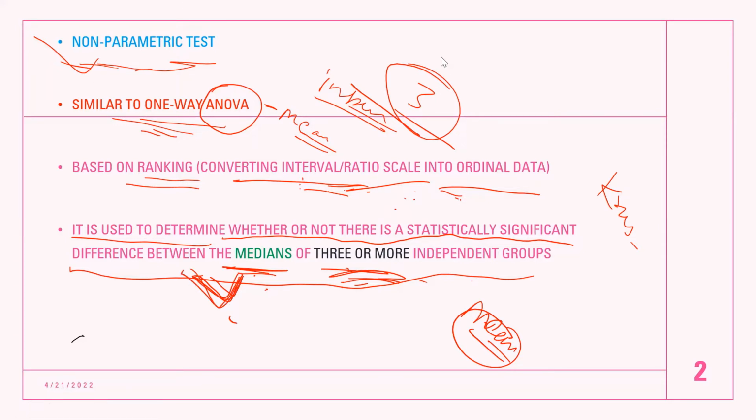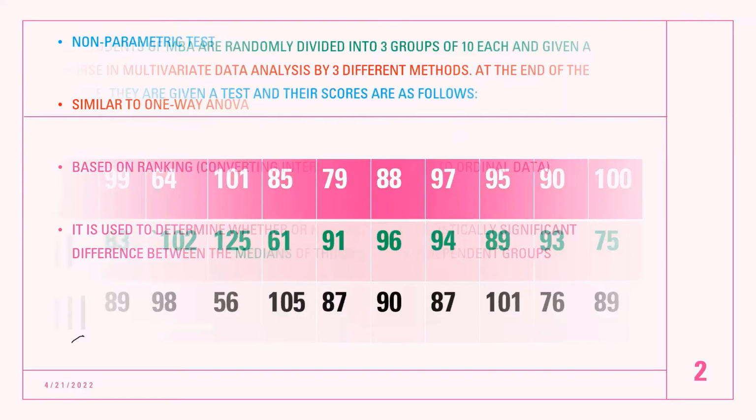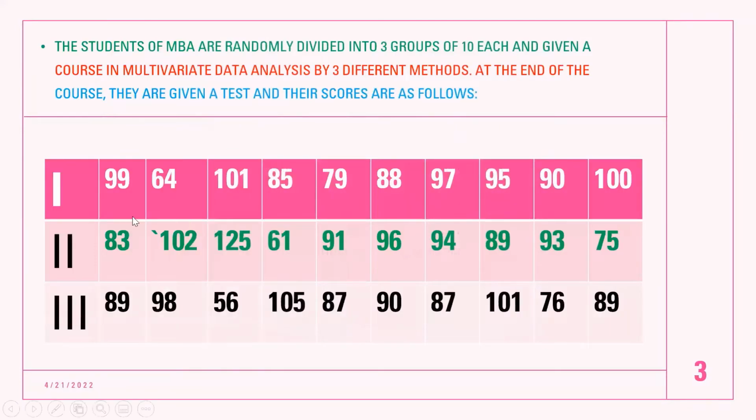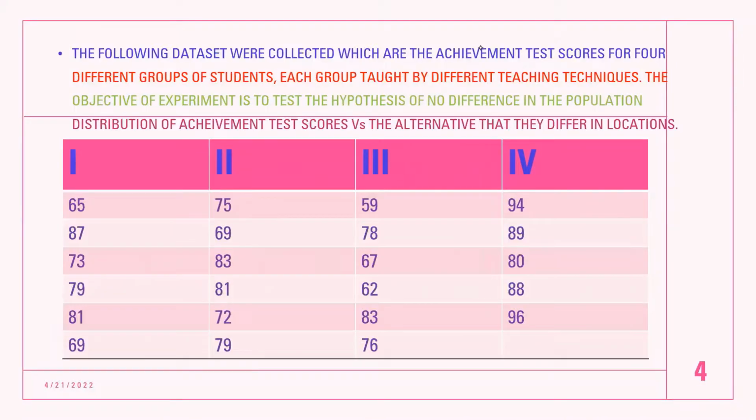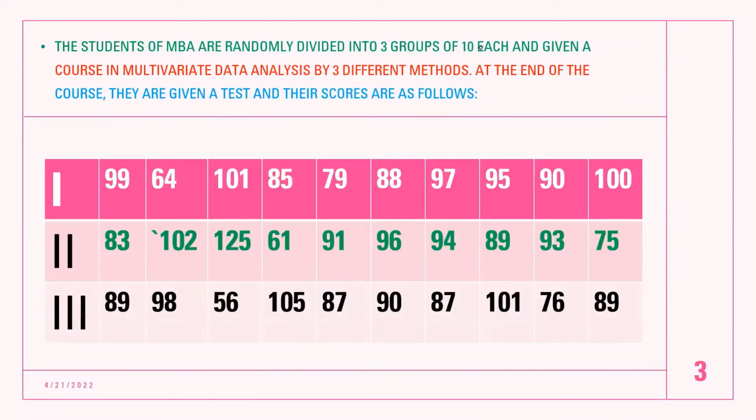Now let's start. This is a problem. There are some MBA students, and they are divided into three different groups, and each group is having 10 students.